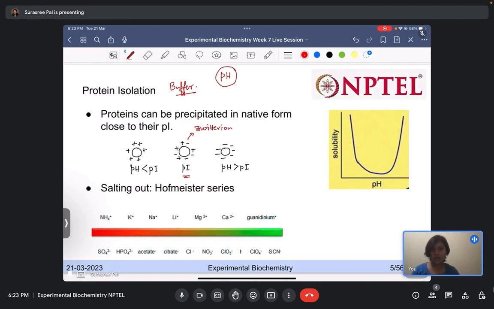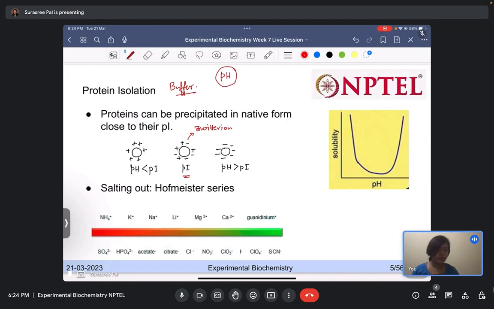So the buffer pH that is maintained for protein isolation should not be very close to the pI value, because proteins can be precipitated if the pH of the buffer is very close to its pI. So we maintain a pH which is not very close to its pI.